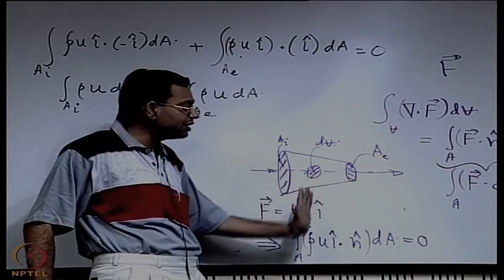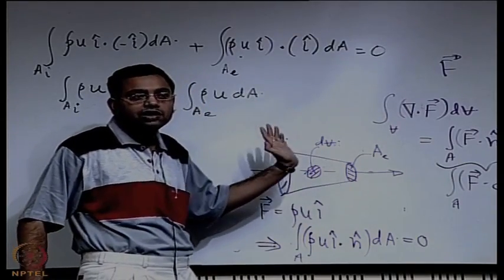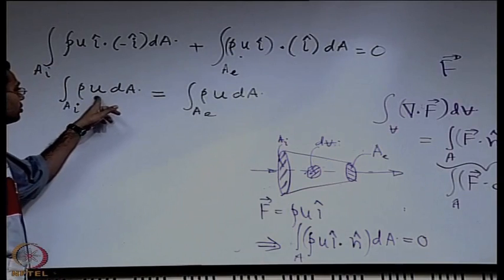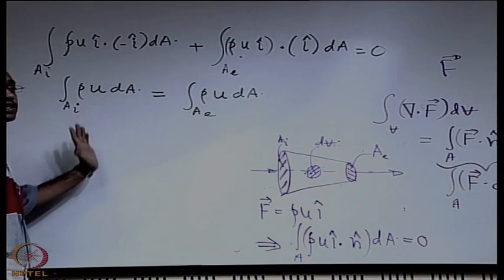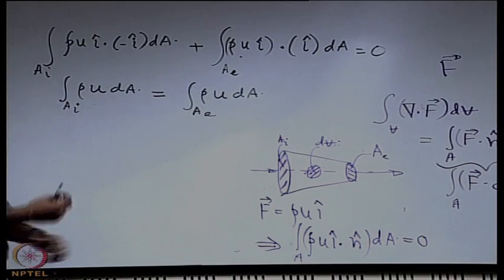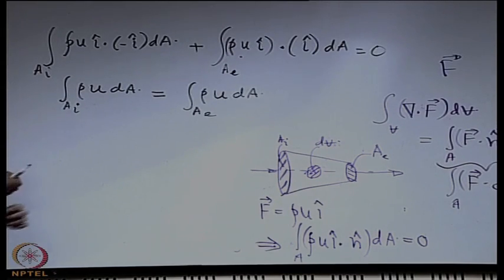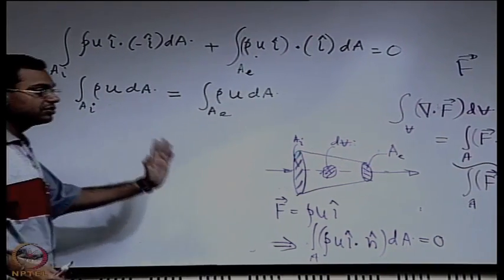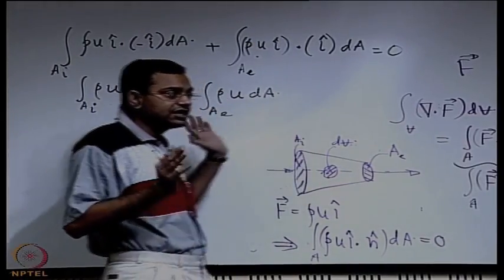So, along the transverse direction u will vary. It is not that we are talking about a cross sectionally constant u, it is rather a cross sectionally variable u. Now, if we assume that rho is not varying across the section as an example.